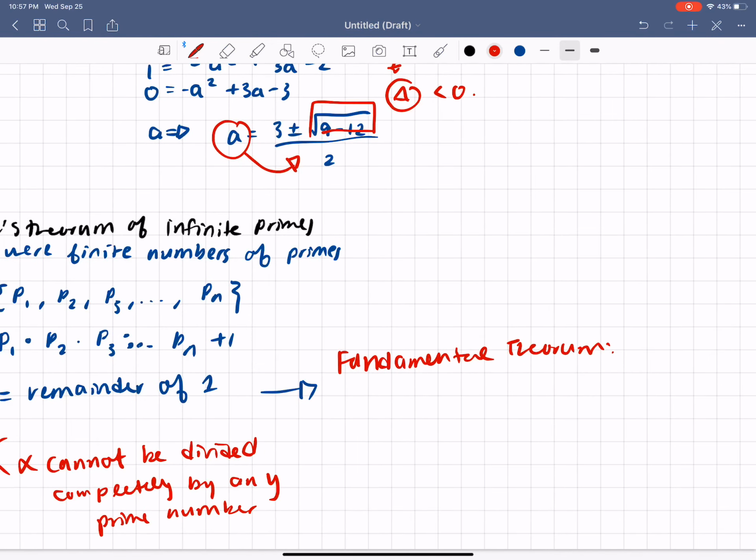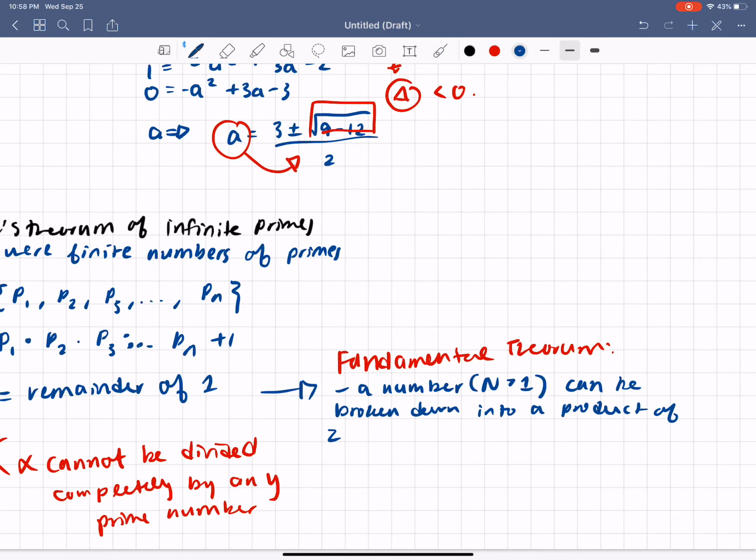Every natural number greater than 1 can be broken down into a product of 2 or more prime numbers. So the fundamental theorem states that a natural number greater than 1 can be broken down into a product of 2 or more primes.